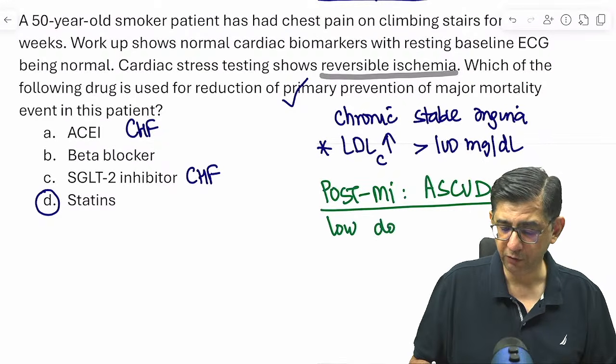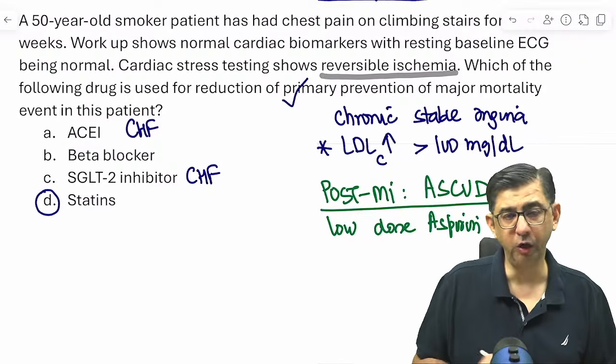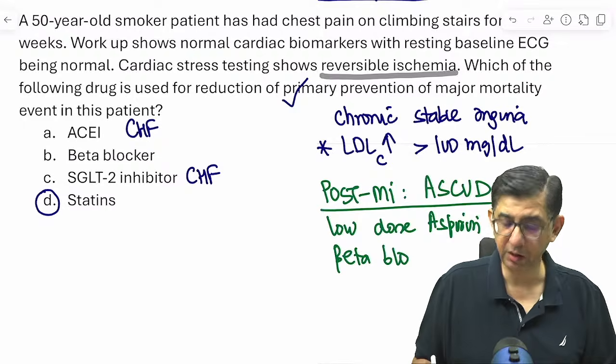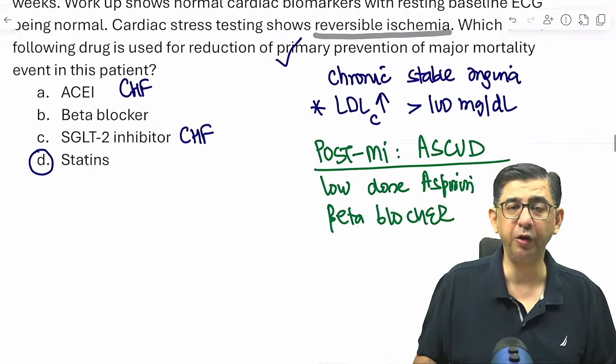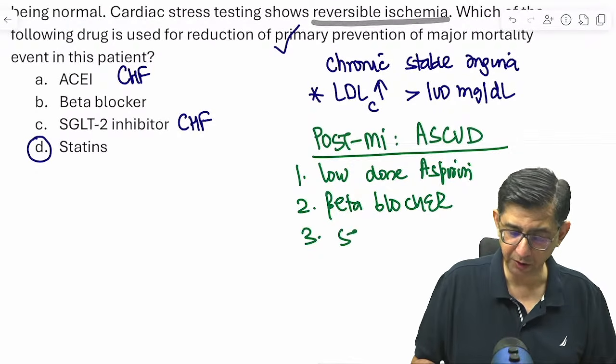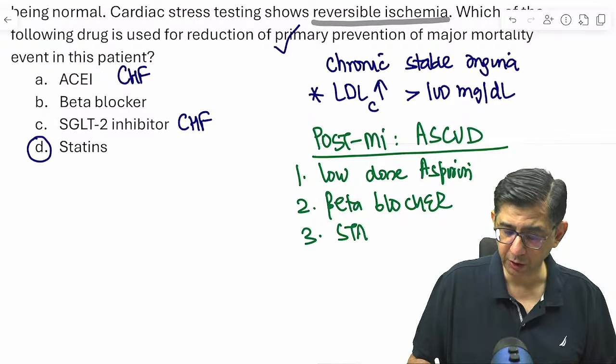So one, I will obviously be using low dose aspirin in the patient. Along with low dose aspirin, I will also be using beta blockers. So beta blockers are the answer if the question mentioned secondary prevention, like low dose aspirin, beta blocker, and obviously statins would be continuing in the patient, no? Then statins would anyway be continuing in the patient and you might achieve a target.